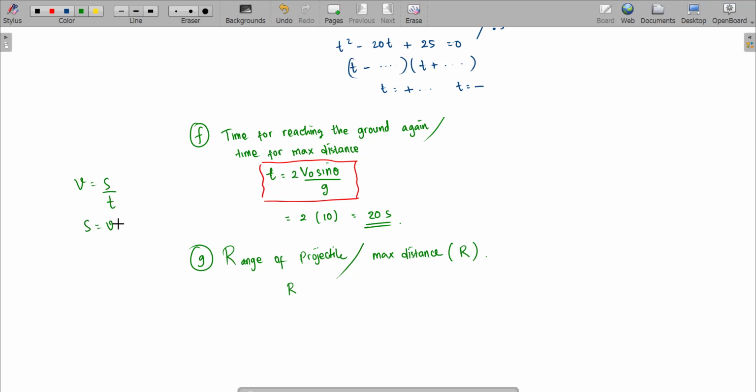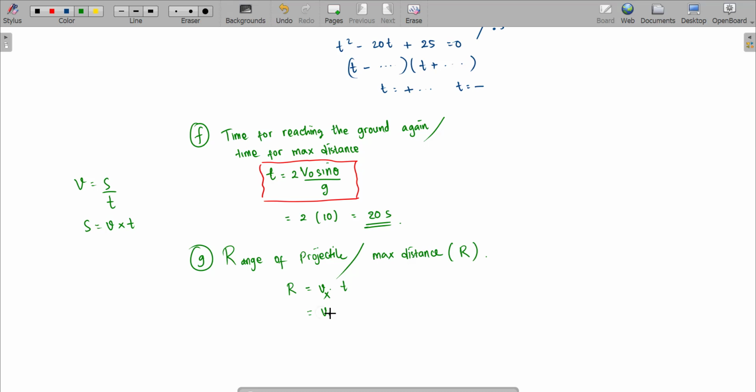So S is V multiplied by T. So S in here is like R, a different symbol but the same meaning. R equals V times T. But because the max distance in here is in the x-axis, the velocity must be the x-axis as well.